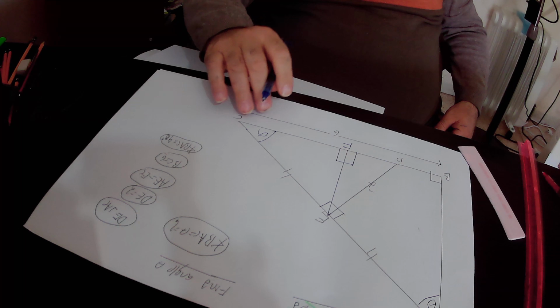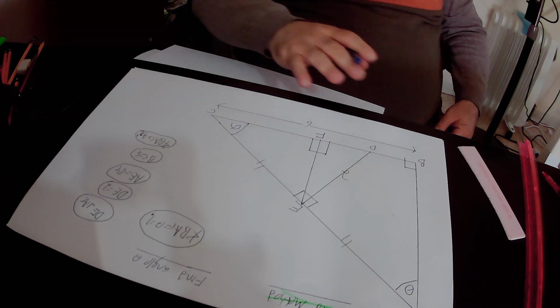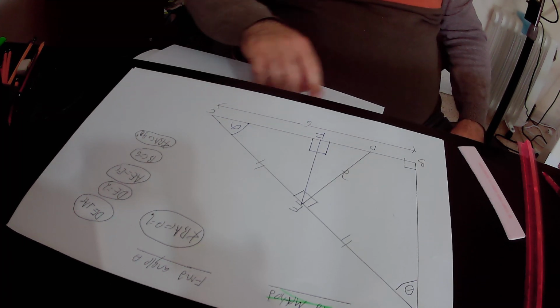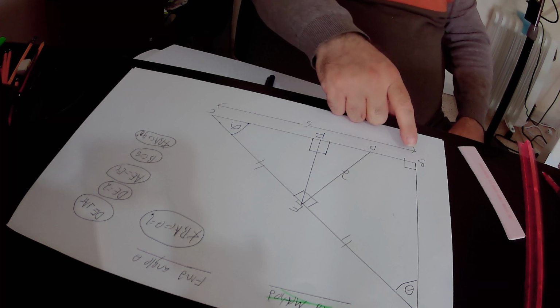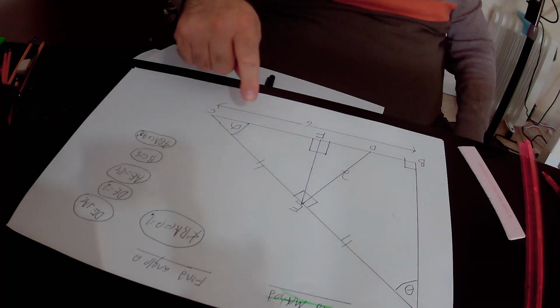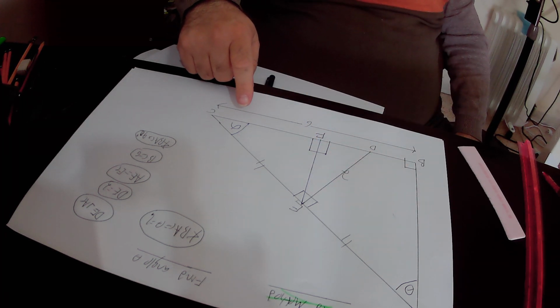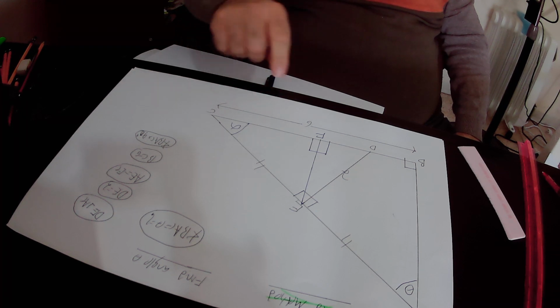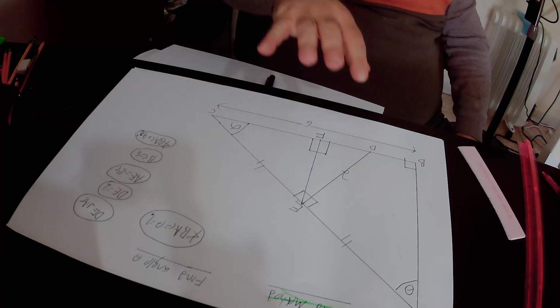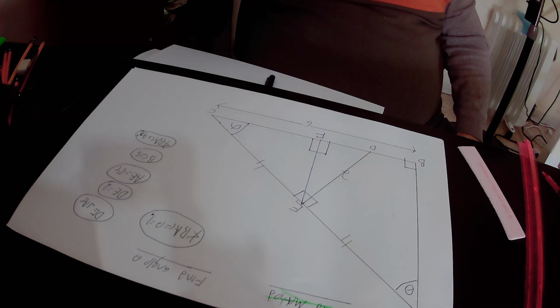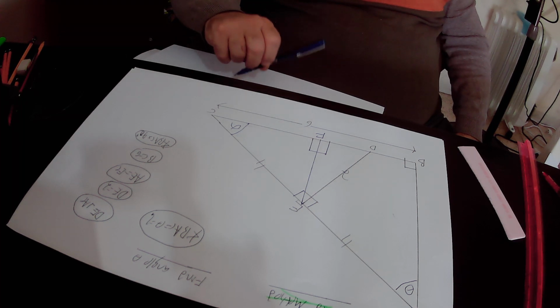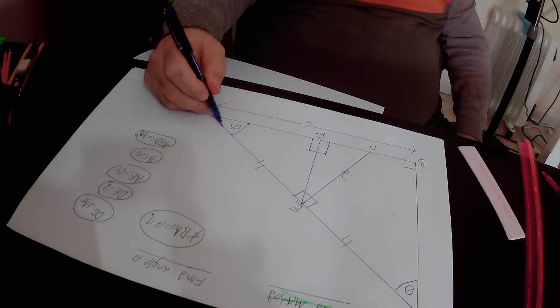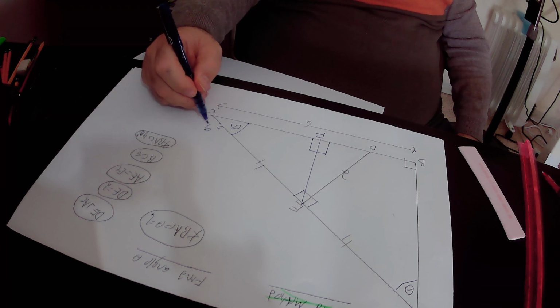But because triangle ABC is a right triangle, this angle equals 90 degrees. This angle equals theta, so the first angle must be equal to 90 degrees minus theta in order to complete the sum of the angles in the right triangle ABC, 180 degrees. So this angle equals 90 degrees minus theta.